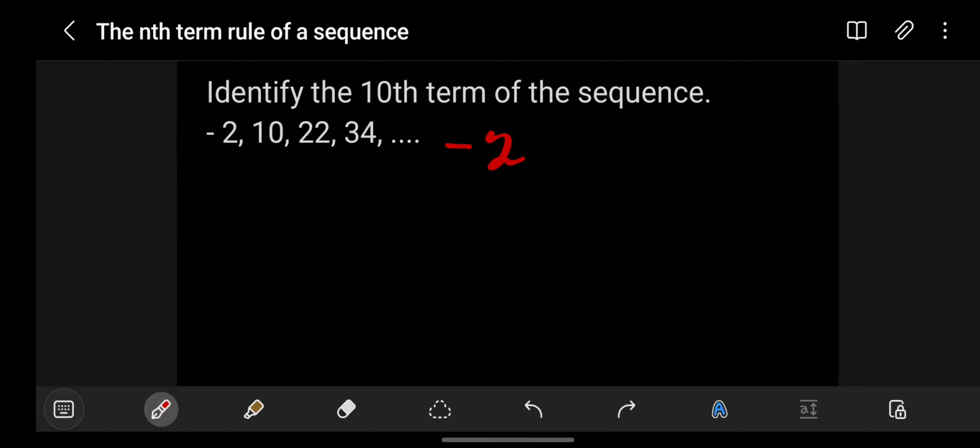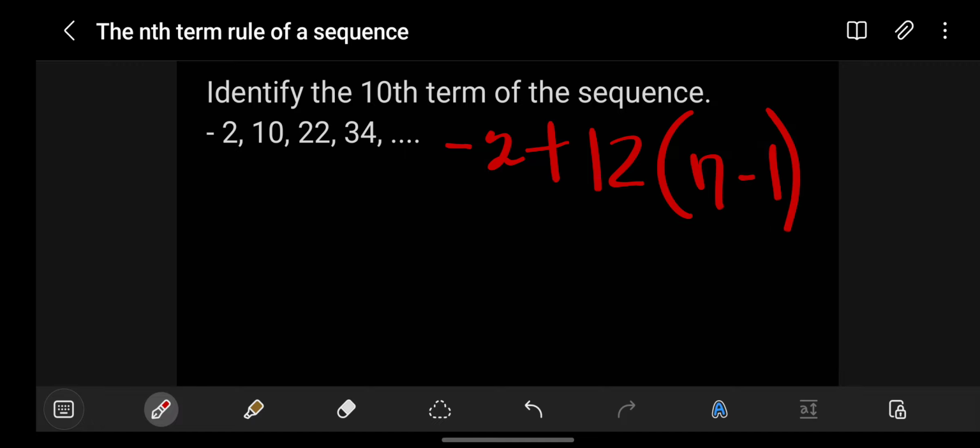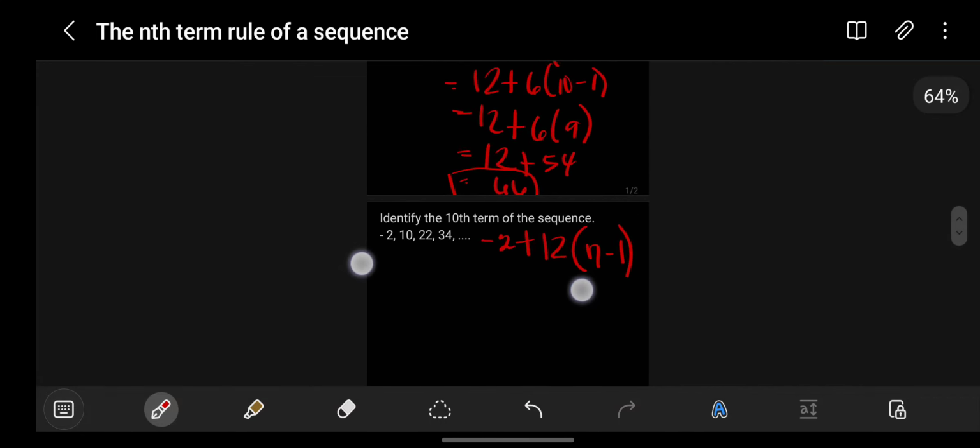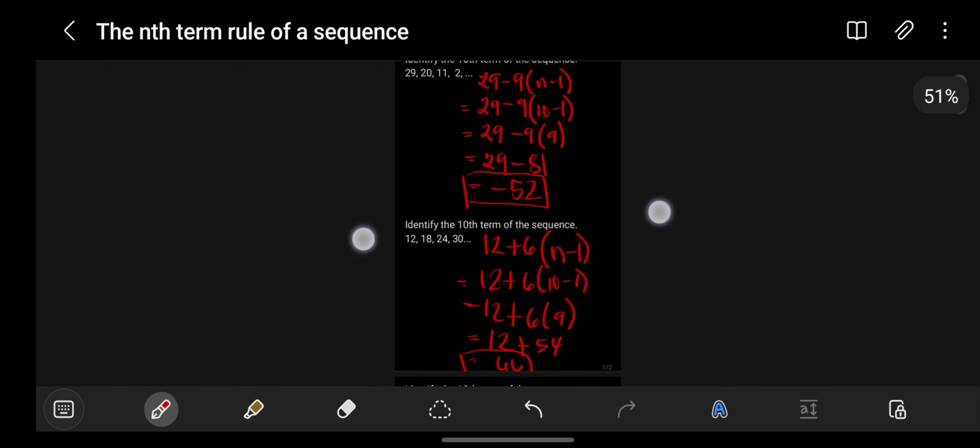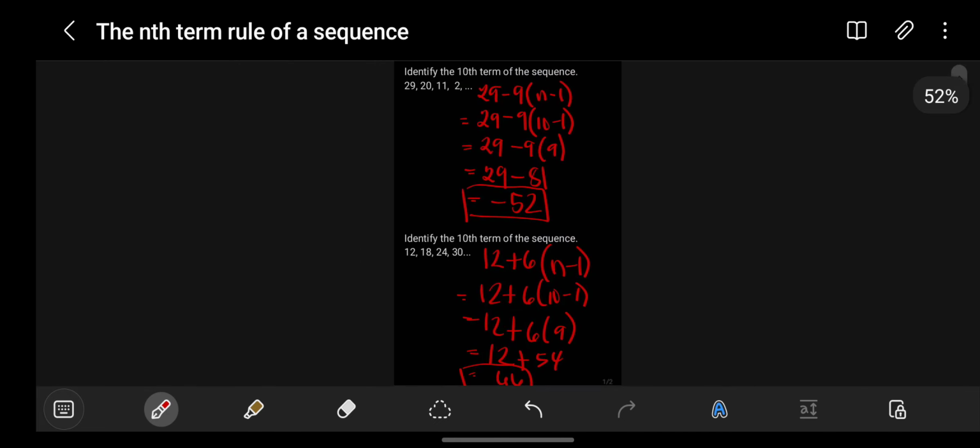Okay, so this time, as you can see, the pattern is increasing by 12. So you have to write here plus 12. And remember that the third step is to multiply the pattern by n minus 1. By the way, in the examples given to you from the very beginning, the pattern is increasing or decreasing, and it's only a repetition of addition or a repetition of subtraction.